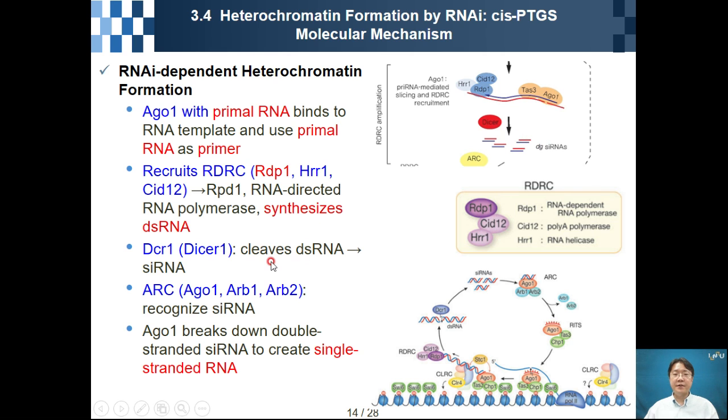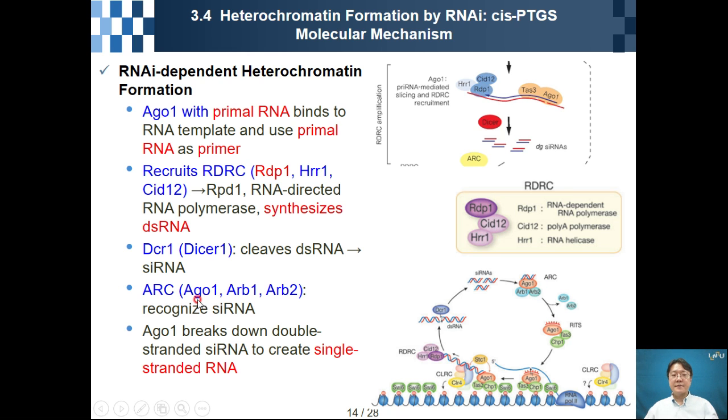So it was very long, but now this dicer cleaves dsRNA to siRNAs.